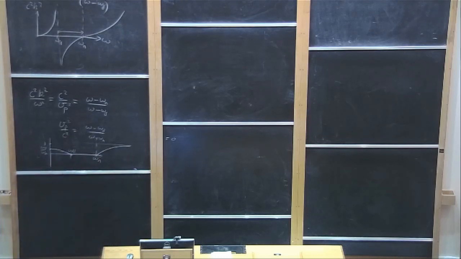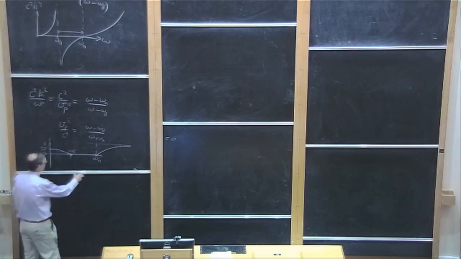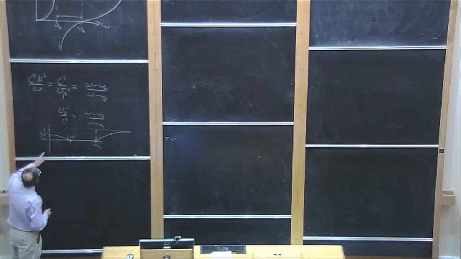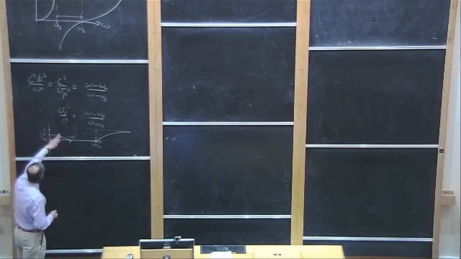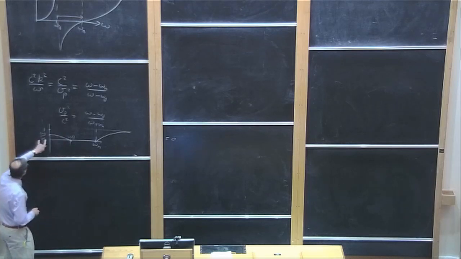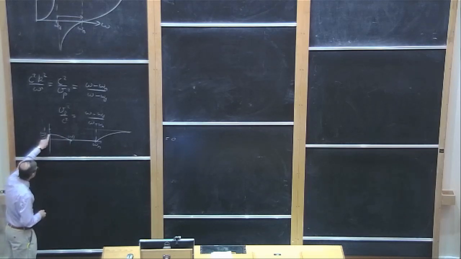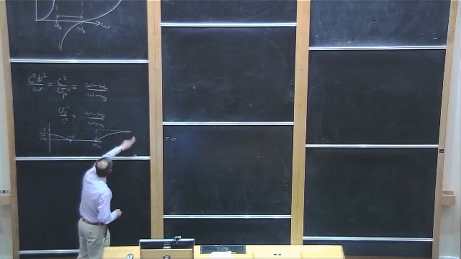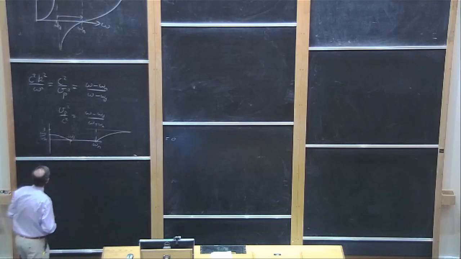And just doing that sketch has answered that question for the phase velocity. What I've just sketched is v phase squared. So the phase velocity is root omega d over omega n here, it's 0 here, it's 0 here, and it's 1 here, all of those in units of c.